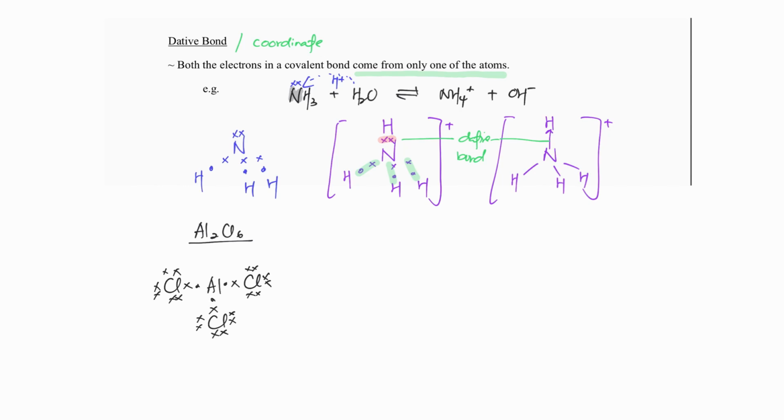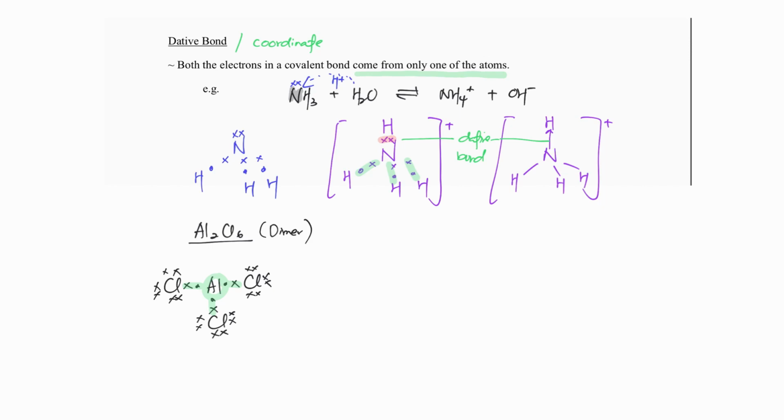Looking into this dot and cross diagram of AlCl3, after sharing, we could see this aluminium has only 6 electrons, where it has not achieved the full electron arrangement. We have a lot of lone pairs in all the chlorine atoms here. Therefore, when the AlCl3 molecules approach each other, they easily form this dimer.